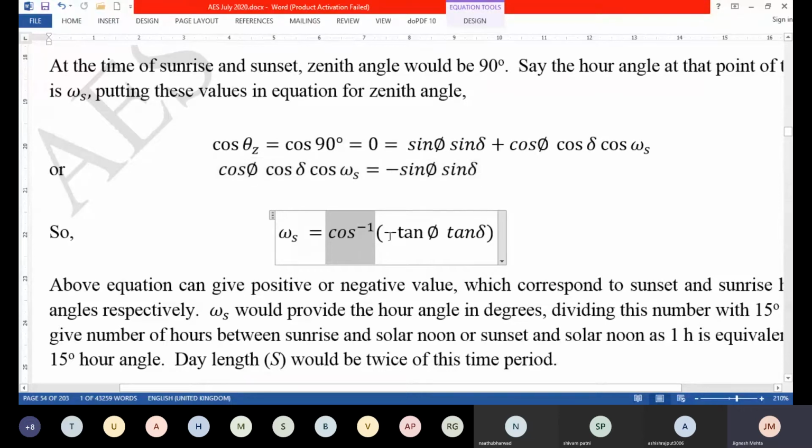And then omega s is cos inverse of minus tan phi tan delta. The value of the hour angle at the time of sunrise is given by this formula.